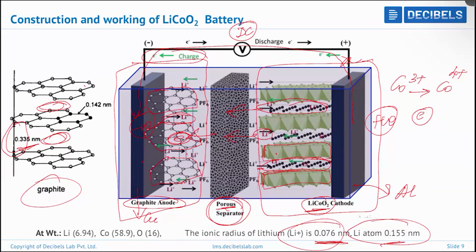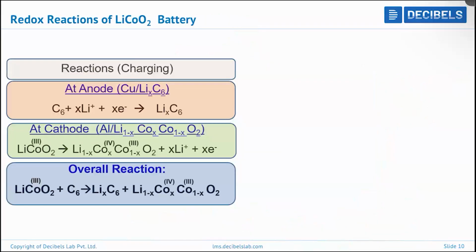Let us look at the reactions, the mechanism of this. We know that at the anode, the copper is coated with graphite, and at the cathode, the aluminum is coated with lithium cobalt oxide. When we start charging, electrons are pushed. The cobalt in LiCoO2 is in the +3 oxidation state.